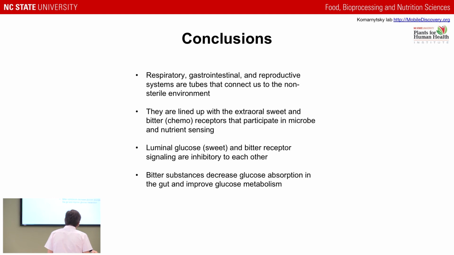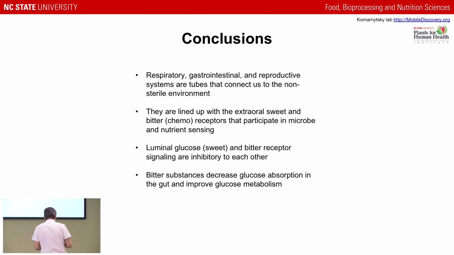These are particular tissues which are saturated with both sweet and bitter receptors, which don't taste sweet or bitter to us, but they are active, and they perceive a lot of other chemicals which enter our bodies. Both of these receptors, both sweet and bitter signals, are inhibitory to each other, so they counterplay.